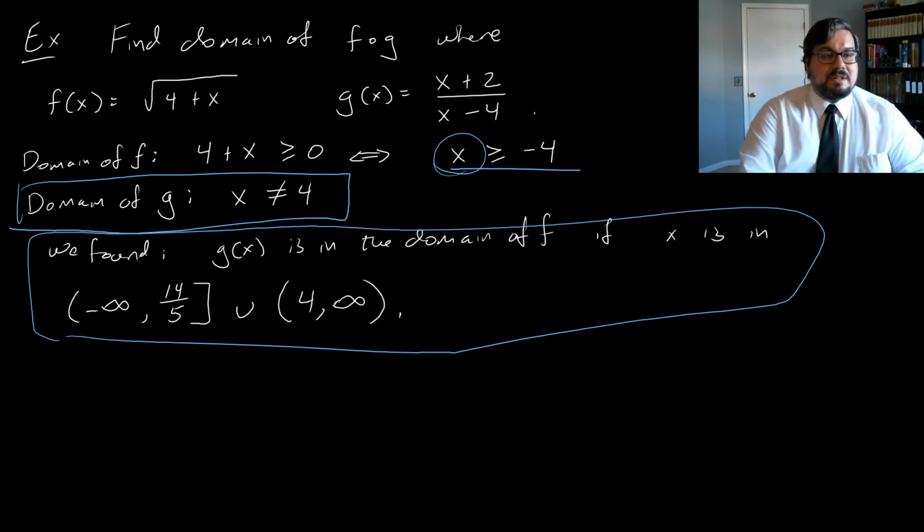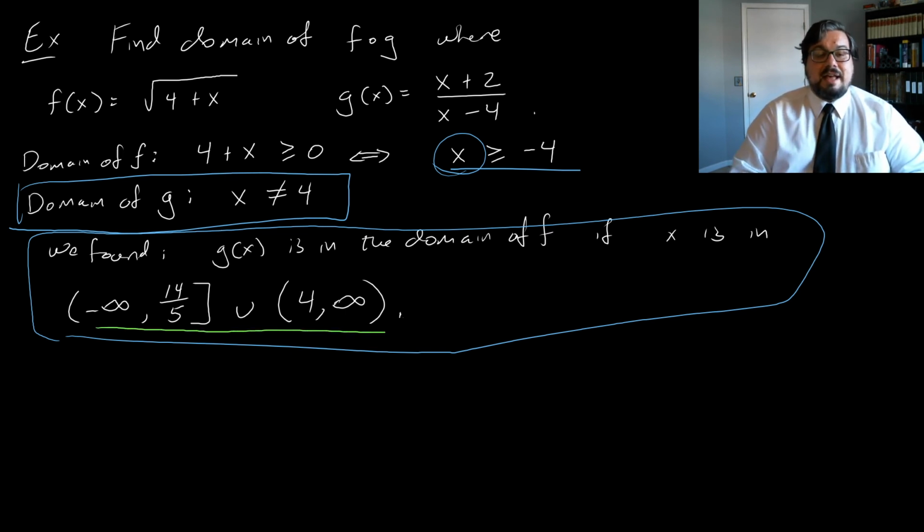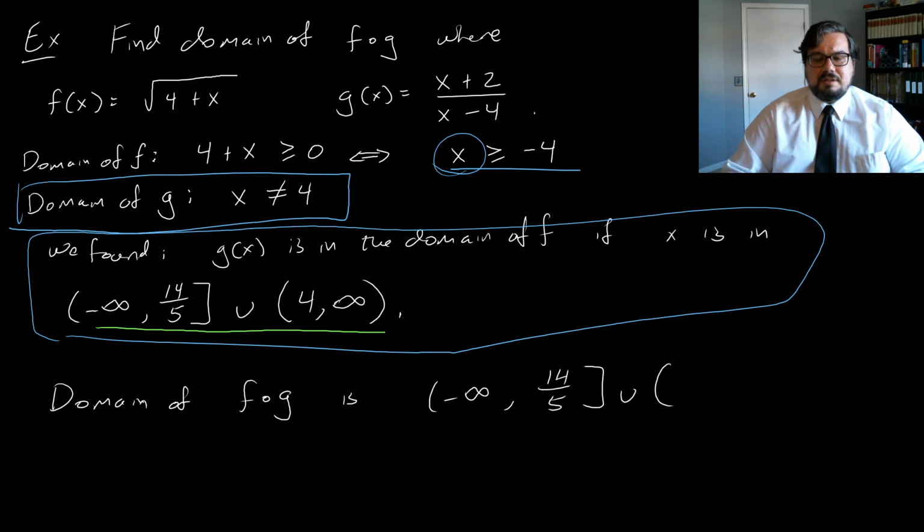So notice that if x is in this union of intervals down here, then we already have that x is not equal to 4. So in fact, the domain of f composed with g is this interval right here, negative infinity to 14/5 union the open interval from 4 to infinity.